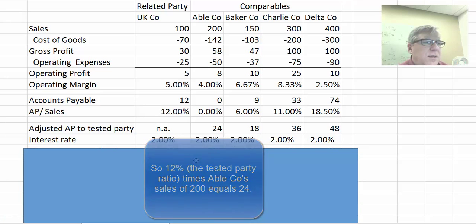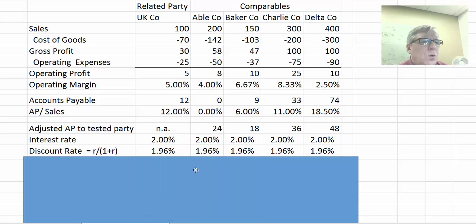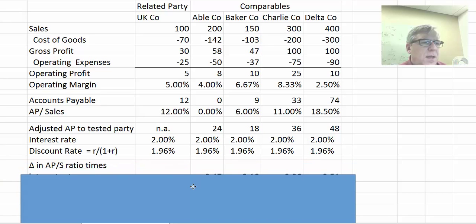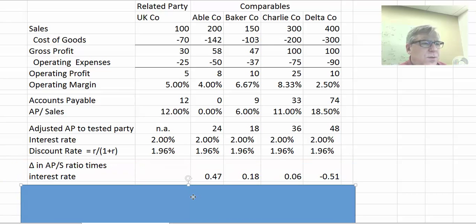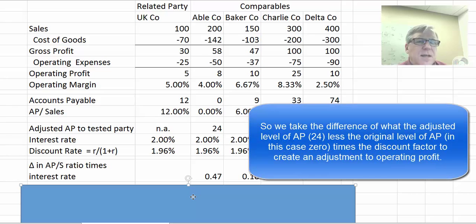In calculating this adjustment, we need to take into account the time value of money, as we've talked about in the past, the fact that this benefit happens in the future, so we discount it back to a net present value by using the discount rate. And then the key thing we do here is, because we're going to be adjusting the margin, we're going to take the difference in the accounts payable to sales ratio of the tested party versus that of the comparables, and we're going to use that as our calculation.